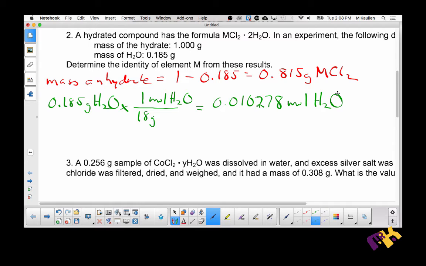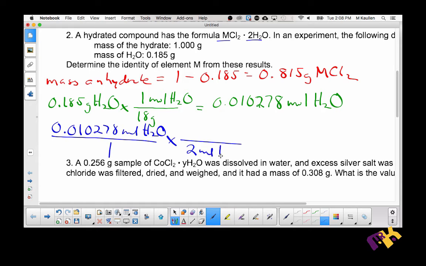If we want the number of moles of anhydrate, we take our 0.010278 moles of water, drop that over 1, and multiply by the ratio from the formula: 2 moles of water on the bottom to 1 mole of the MCl2 on top.